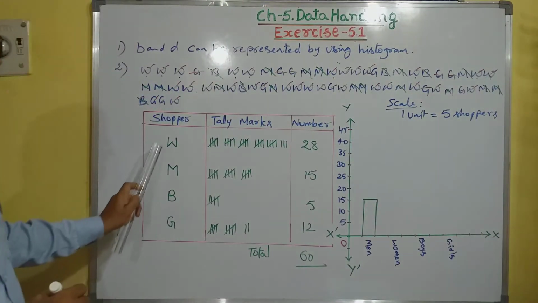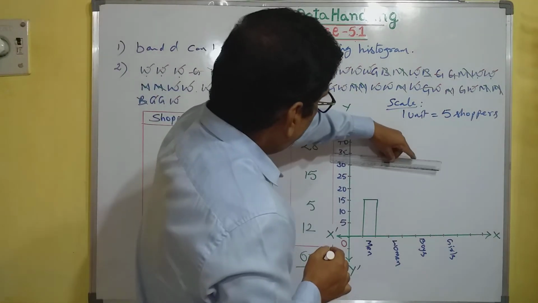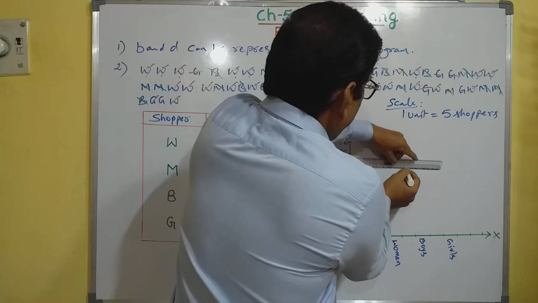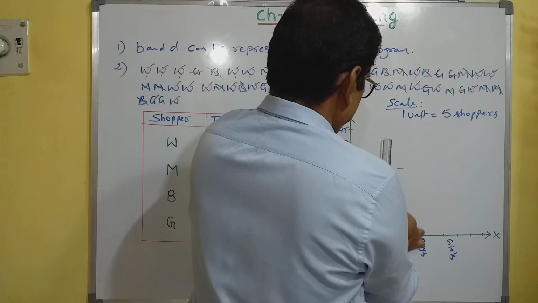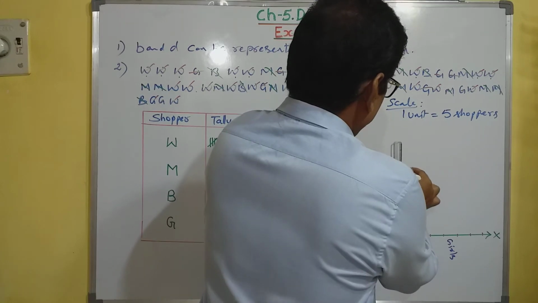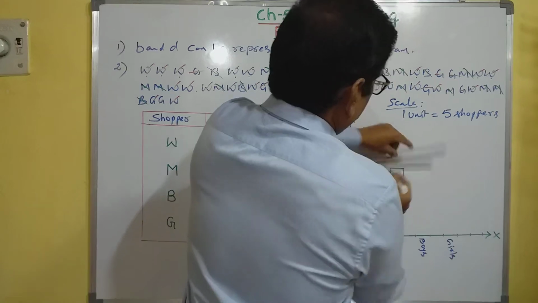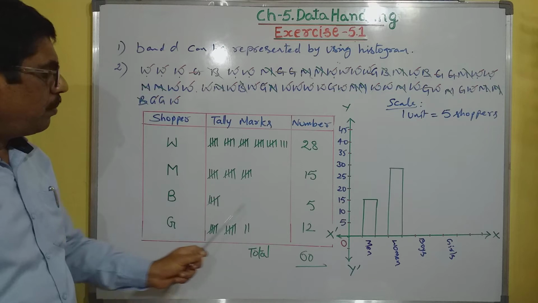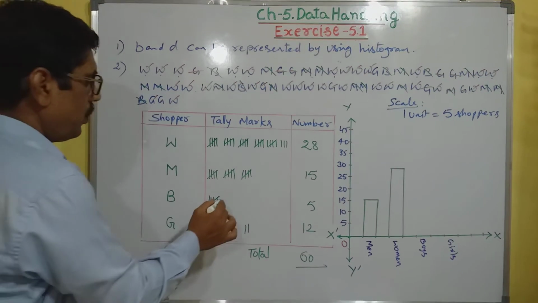Now, look at women. How many are there? 28. So we need to draw the bar up to 28 like this. Now look at this. The bar which represents the number of boys: how many boys are there? Actually it is 15, I think. We did wrong.